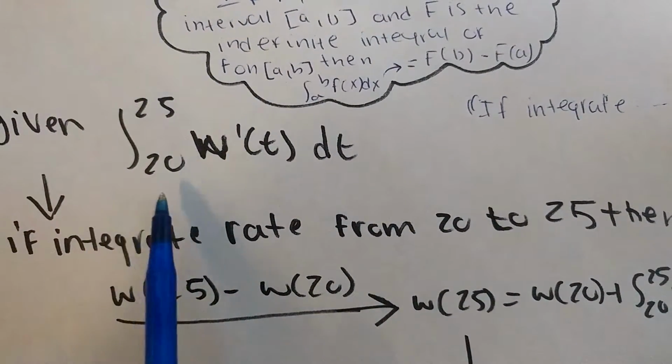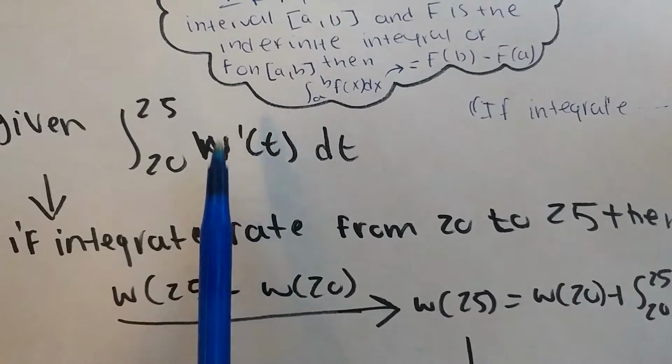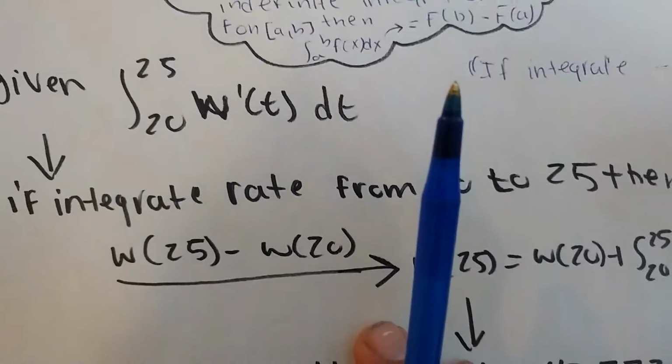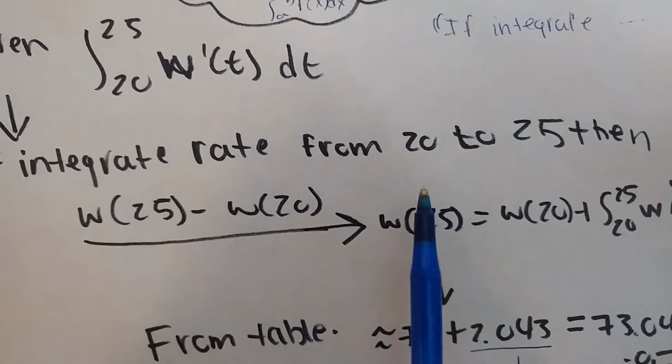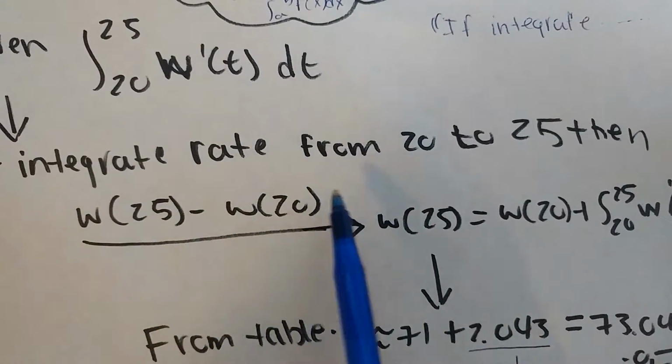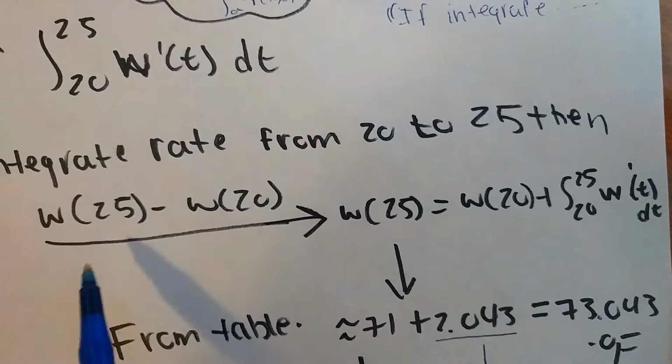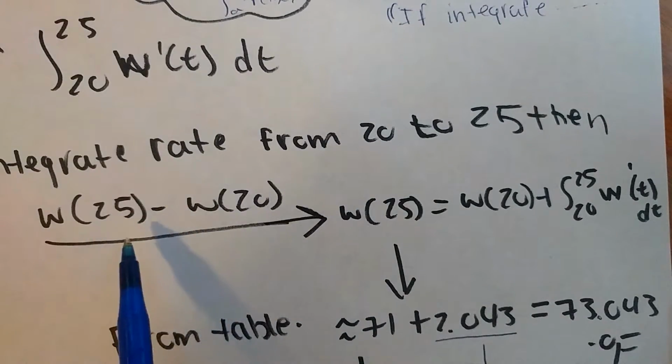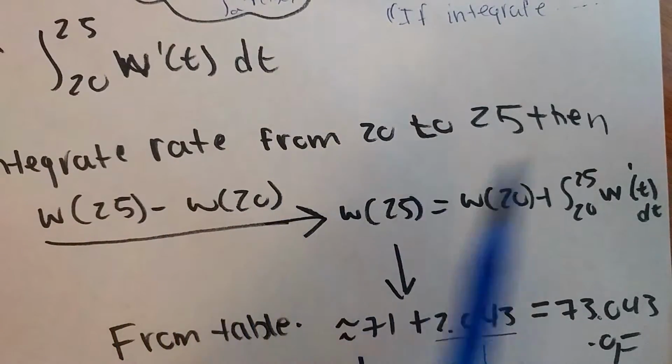So we are given the integral from 20 to 25 of W prime of t dt, and because of the fundamental theorem, if we are integrating a rate from 20 to 25, then we can say W of 25 minus W of 20.